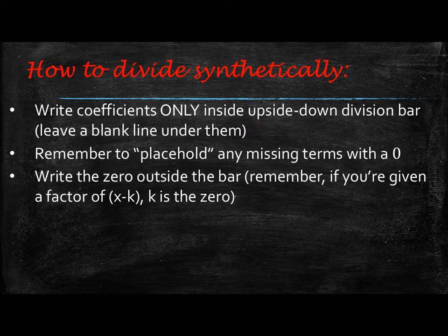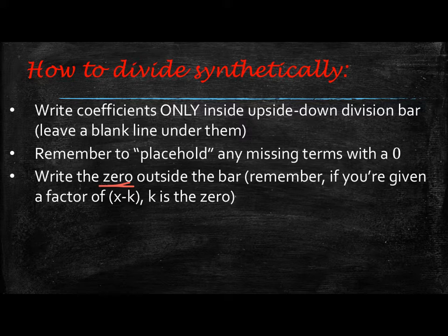Okay, so if you're a student who likes to have steps, here are some steps that you can use for synthetic division. You're going to write the coefficients only inside the upside down division bar and leave a blank line under them. Remember to placehold any missing terms with a 0, and then write the 0 of the divisor outside the bar.